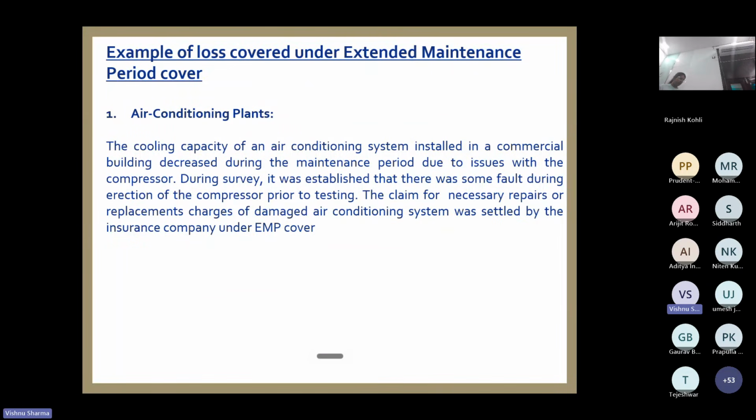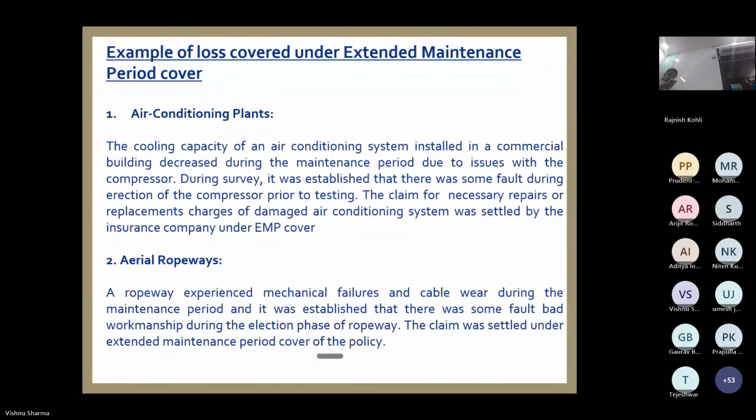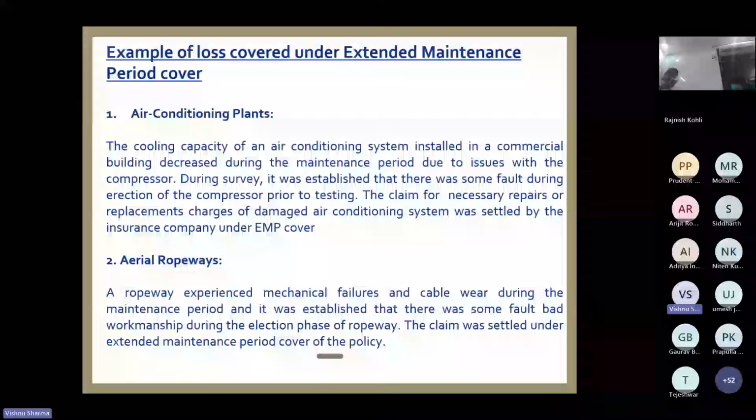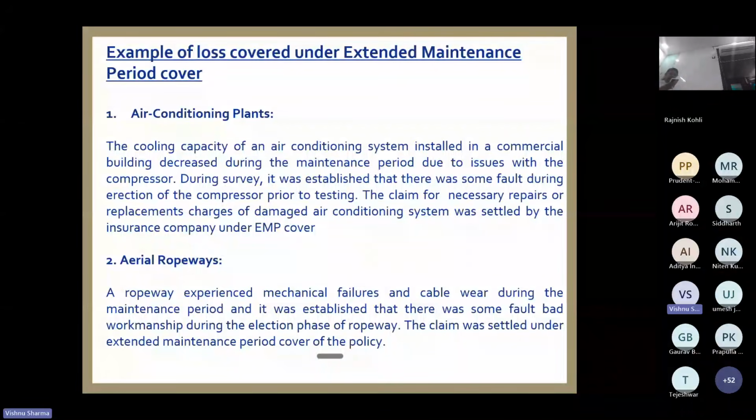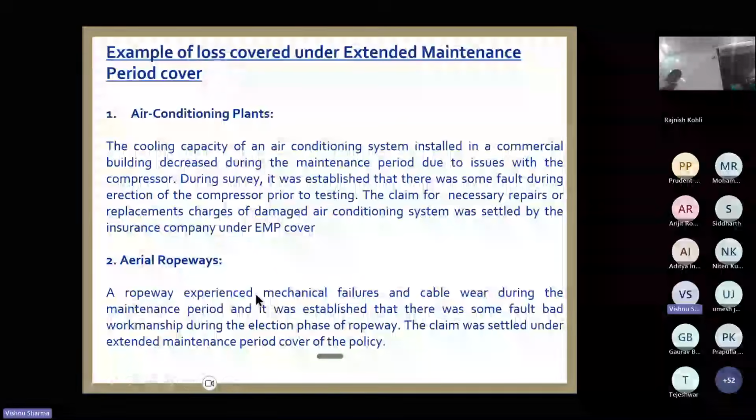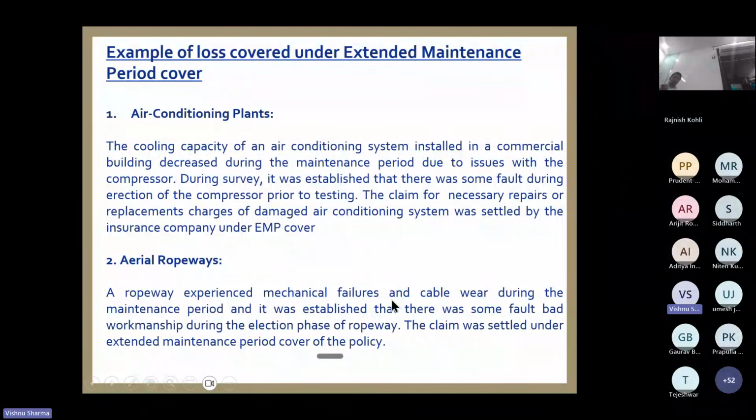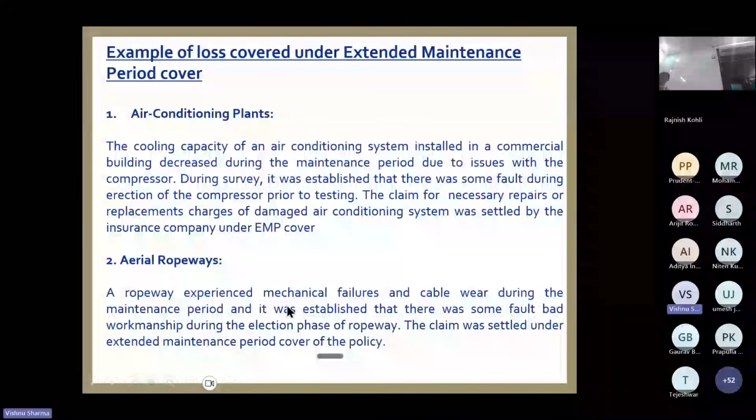Okay, let us continue. Let us see another example. In another case, it was a case of an aerial ropeway. A ropeway was installed for carrying passengers. The ropeway started experiencing mechanical failure and wear of the ropeway cable, wire. During the maintenance period, it started happening.